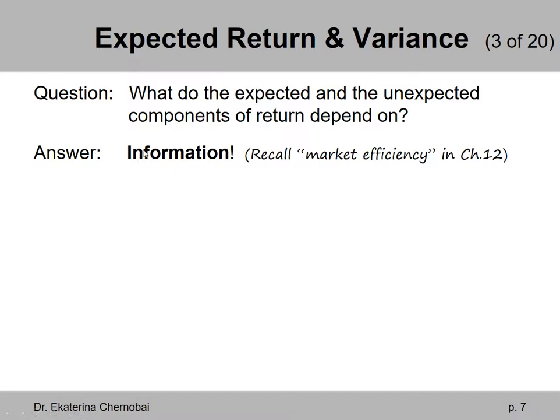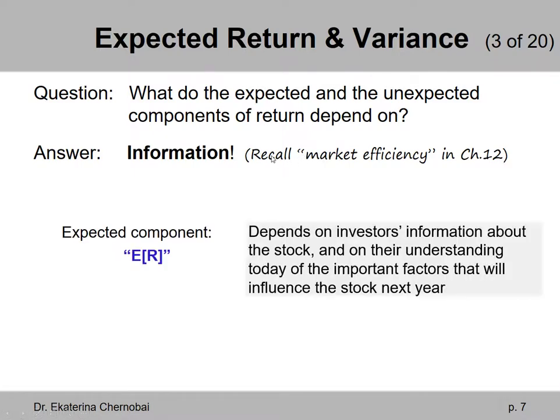Like a company posts on its website that it has just made a deal with another company to merge or something like that. So anything like that, whether it's a good or a bad announcement, will immediately affect what investors think about where the company is heading in the future. If they think that it's positive news, then they will be willing to pay more money to buy the shares of stock, right?